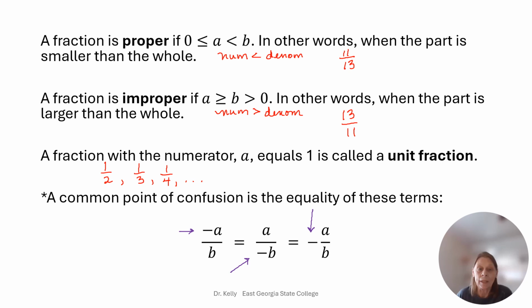This all means that this is negative. It all means that there is basically a -1. So we could look at it as -1 times A over B, or A over -1 times B, or -1 times A over B. These all are equivalent.